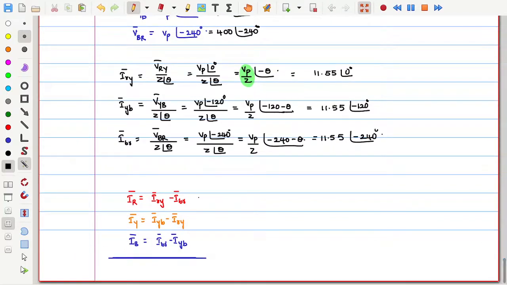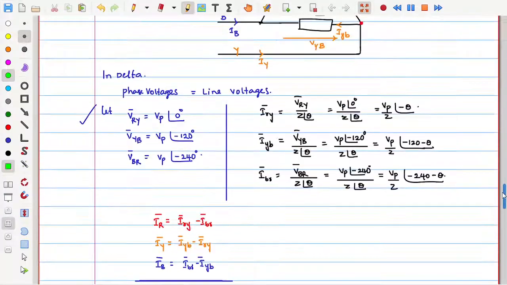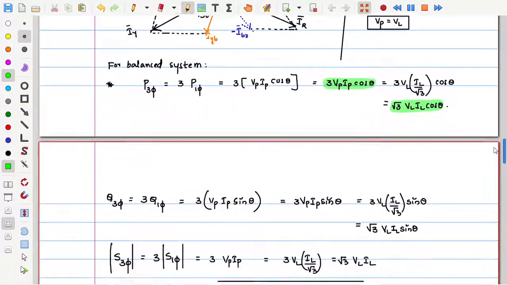Then once you get this, you can get the line currents also in a simple way: root 3 times the phase current, magnitude also the same, but there will be 30 degrees difference. How that 30 degrees will be taken care of is that the line current lags the phase current by 30 degrees. So one at an angle of minus 30 degrees. This thing you need to take care. Let me show the corresponding calculation what we did somewhere.